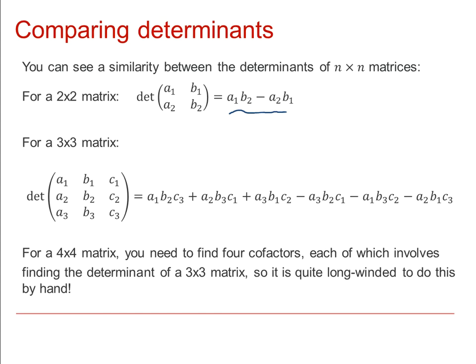If you go to 4 by 4, we would have exactly the same thing, but we'd need to find the cofactors for each of 4 elements, and each of those cofactors involves finding the determinant of a 3 by 3 matrix. So you can see how the complexity of finding determinants builds up. So it's quite long-winded to do a 4 by 4 matrix by hand.